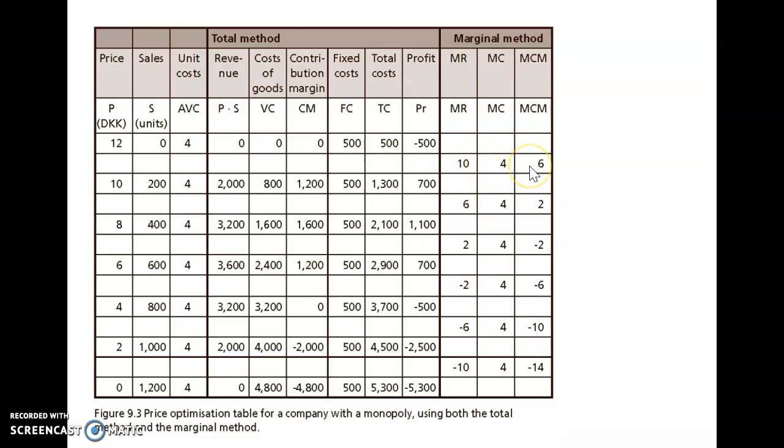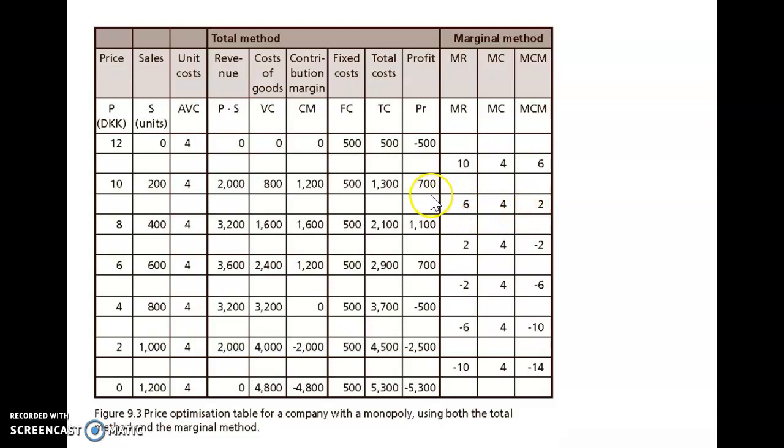That means you have an extra contribution margin per unit, your marginal contribution margin, it is 6, the difference between these. And you can see you should continue to go to the next line as long as your marginal revenue is higher than your marginal cost. And you should continue from this line to this line because 6 is more than 4. You have a positive contribution margin.